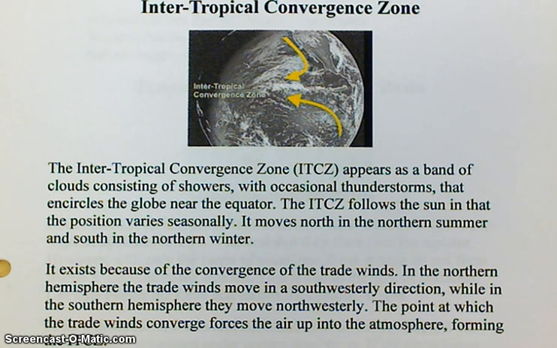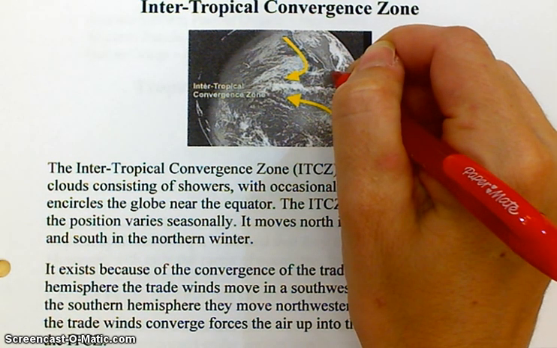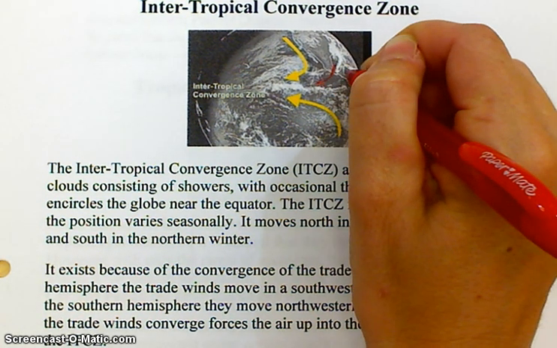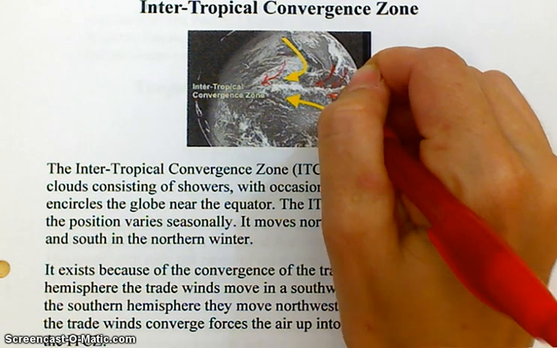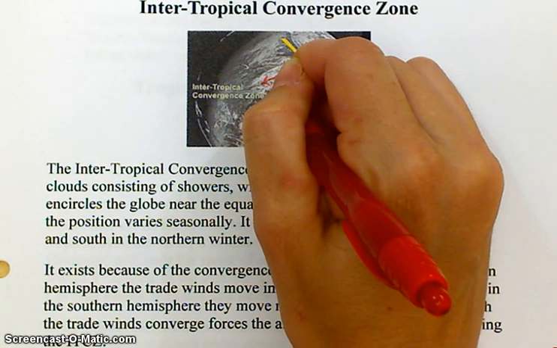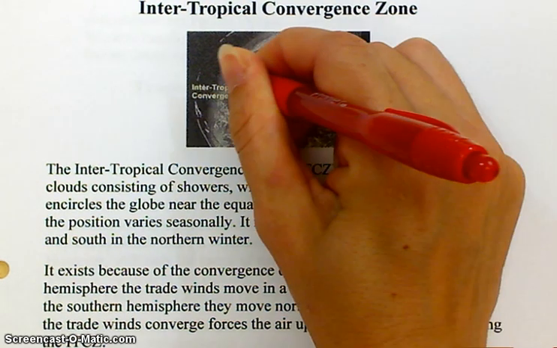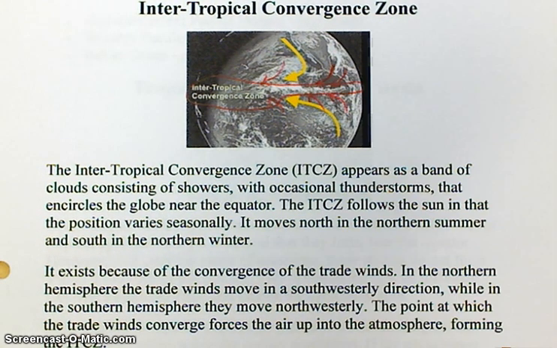It exists because of the convergence of the trade winds. In the northern hemisphere, the trade winds move in a southwesterly direction, while in the southern hemisphere they move northwesterly. So remember from our global winds, we have trade winds in the northern hemisphere doing this, trade winds in the southern hemisphere doing this, and where they come together is the Intertropical Convergence Zone.